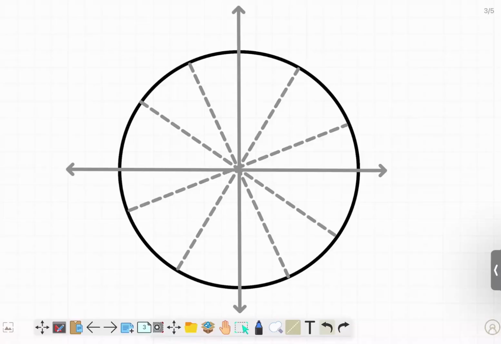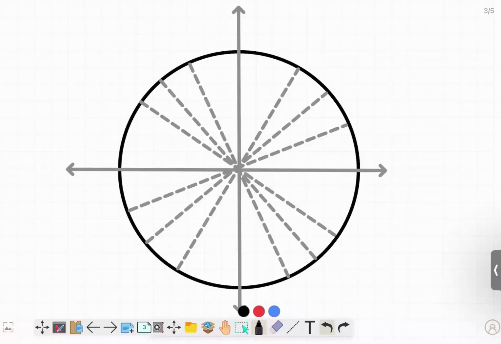All right, so that you can see where they go, I'm going to add in the fourth angles here. So halfway through the quadrants. Again, my circle is not quite to scale, but we had a pi over 6. 2 pi over 6 was pi over 3.